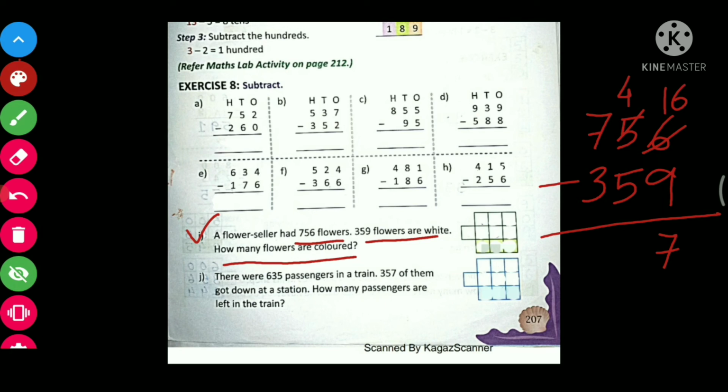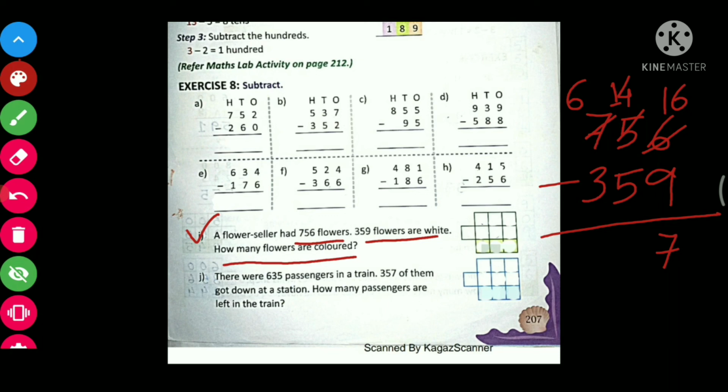Right? Now see, in tens place 4 and 5 are there. So if 4 lines are there, then we can't cut 5 lines, right? So again it will borrow 1 from the 100 place. Now this 7 will become 6, and this 4 will become 14, because 10 will be added to that value that is in tens place. Now we need to subtract 14 and 5.